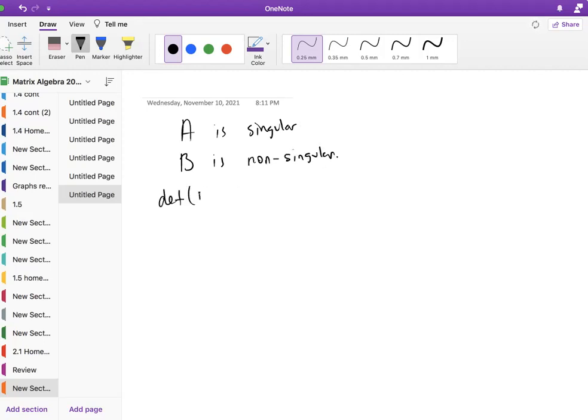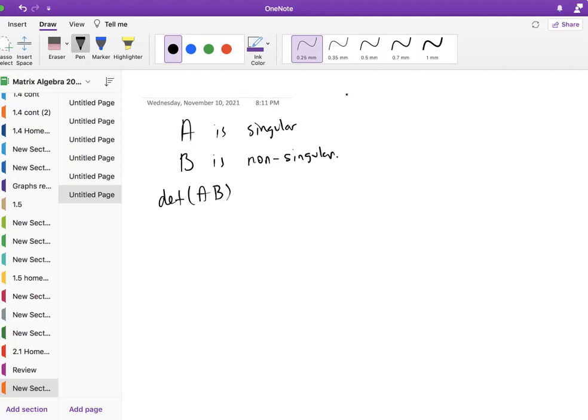Let's think about the determinant of AB. So now I can't express A as a product of elementary matrices, right? However, what can I say about elementary matrices with respect to A?